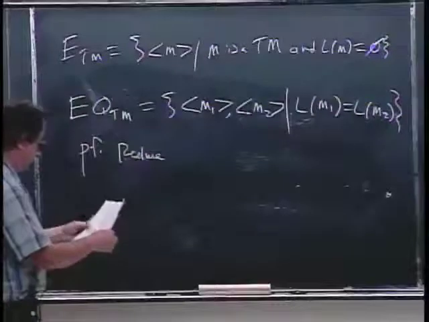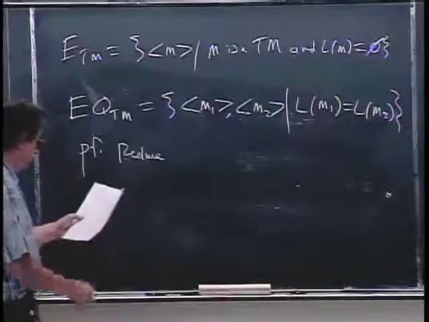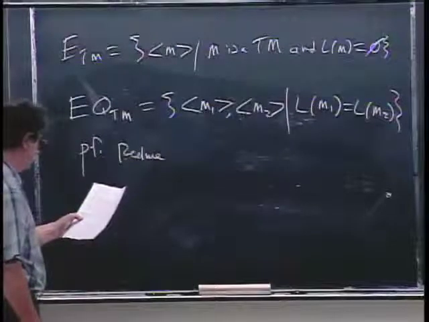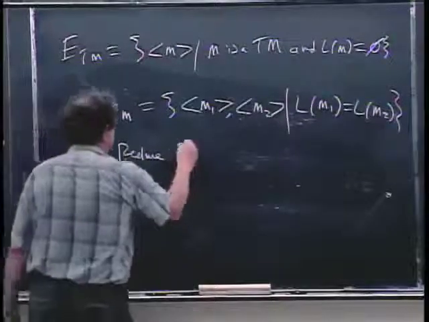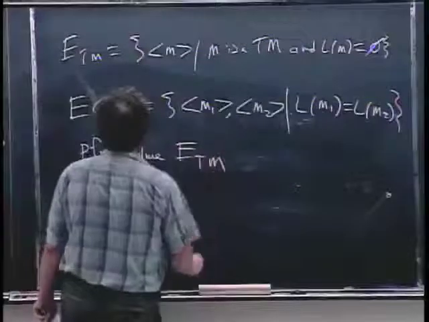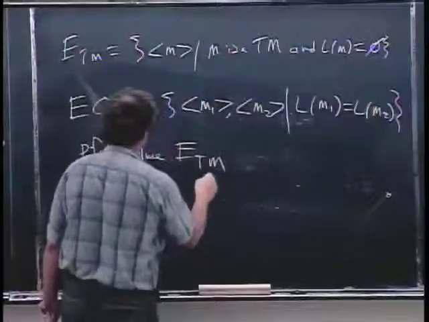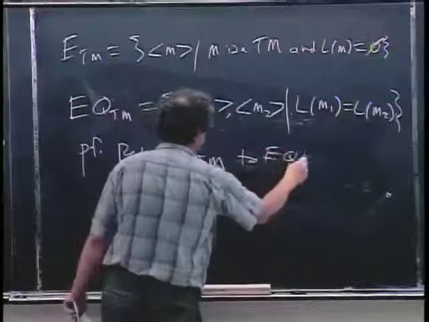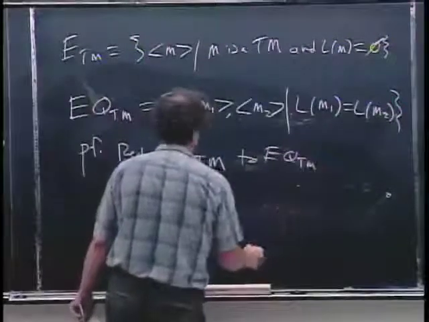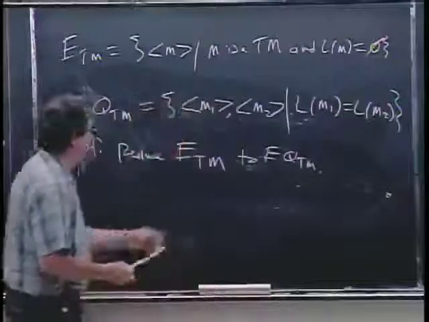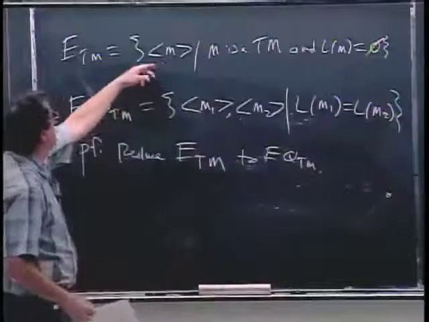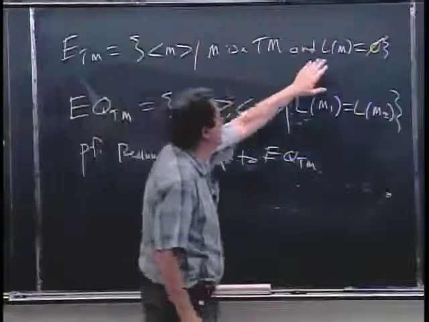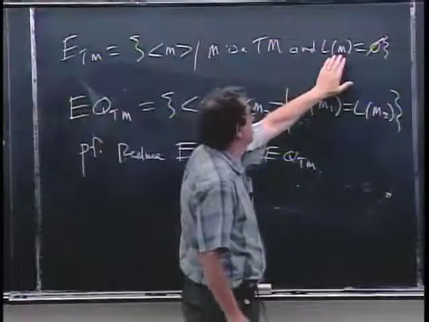A lot of people use it, but we don't have to use it, and this is going to be a case where we're going to use ETM. Right there, ETM. Reduce ETM to EQTM. Okay? ETM, again, it's the set of all descriptions of Turing machines such that its language is empty.